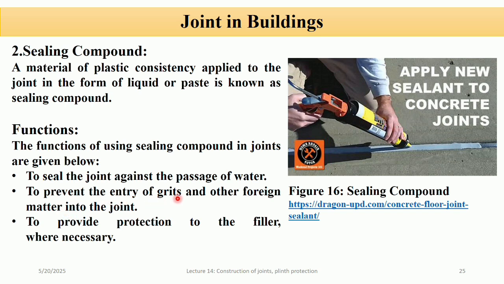To prevent the entry of grit and other foreign matter into the joints. So it blocks the joints from dust, grit, debris, and insects, which could cause abrasion or clog the joints, reducing its effectiveness. To provide protection to the filler where necessary.